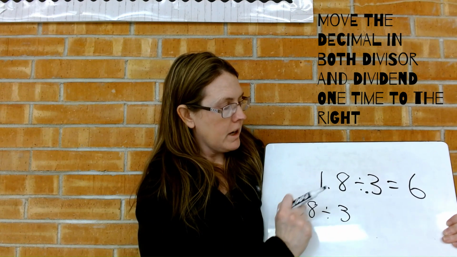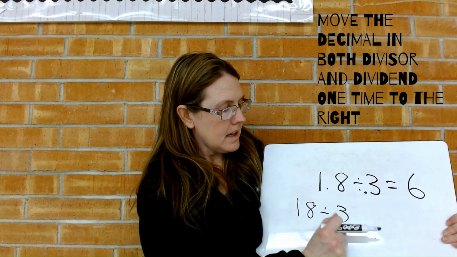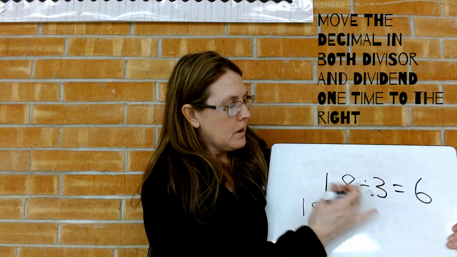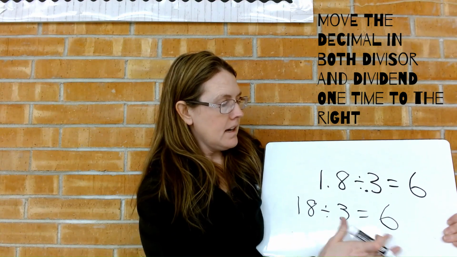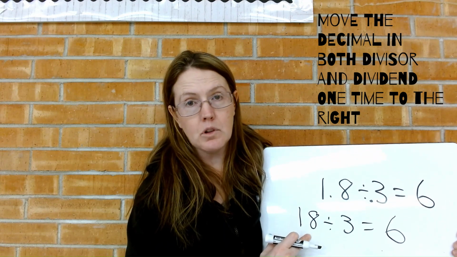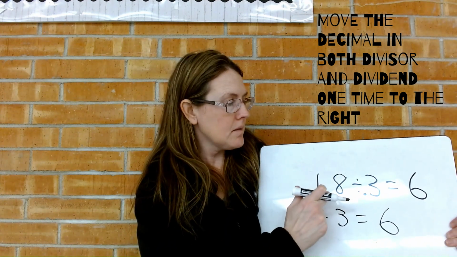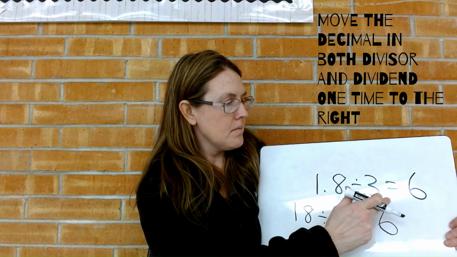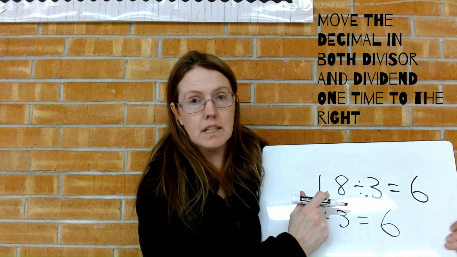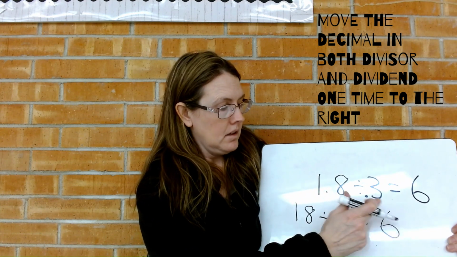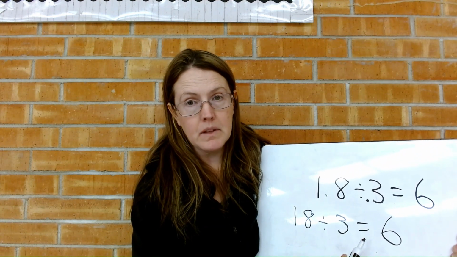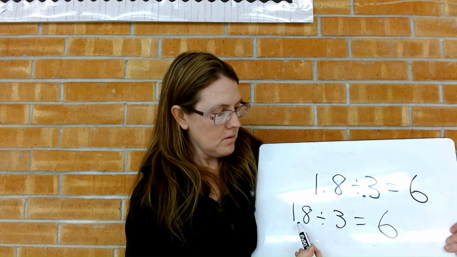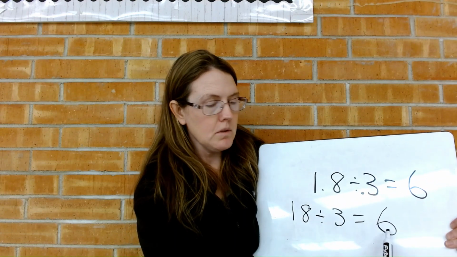Well, what we really are doing is saying 18 tenths divided by 3/10, but we don't need that decimal there because the answer will come out the same. If I move the decimal place the same amount of times in the dividend and in the divisor, the answer will always come out the same. So I can just do 18 divided by 3 equals 6.